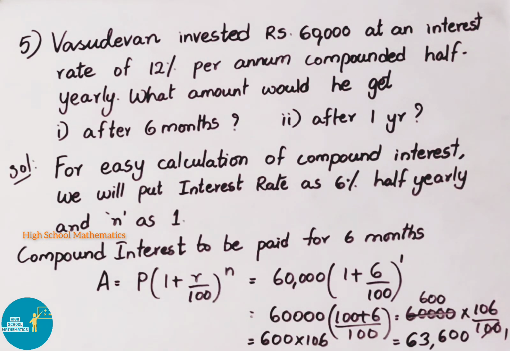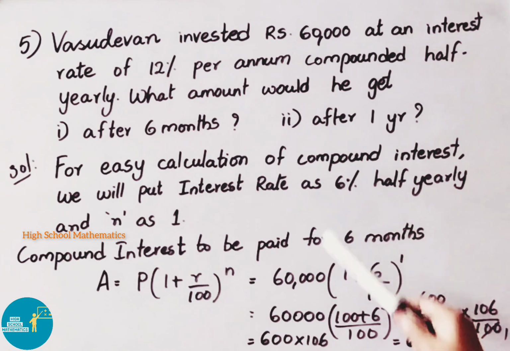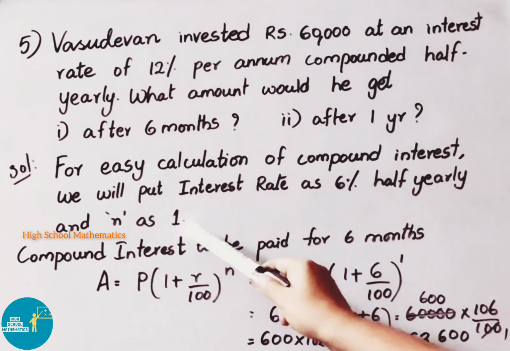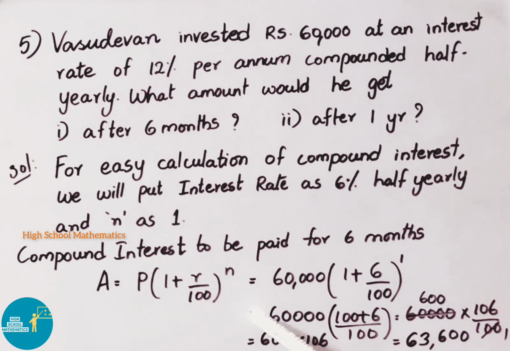That equals 60,000 rupees into 1 plus rate of interest we have taken as 6, so 6 by 100 whole power n, where n is 1. That equals 60,000 into, after doing LCM, 100 plus 6 by 100. That equals 60,000 into 106 by 100.